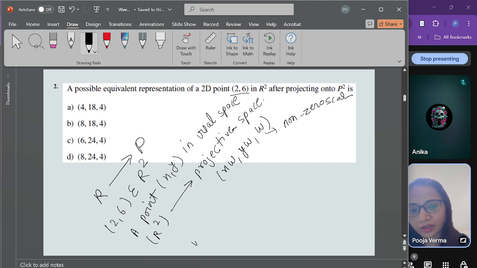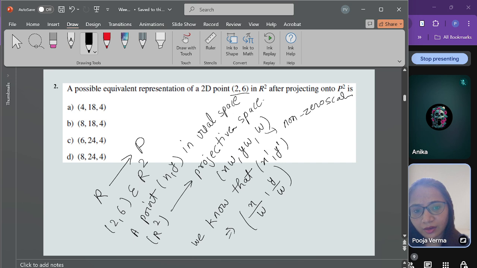We already know that converting from projective space is represented by x dash, y dash. So if we convert, it is x by w and y by w. Here we will go to the options. I am taking just A.